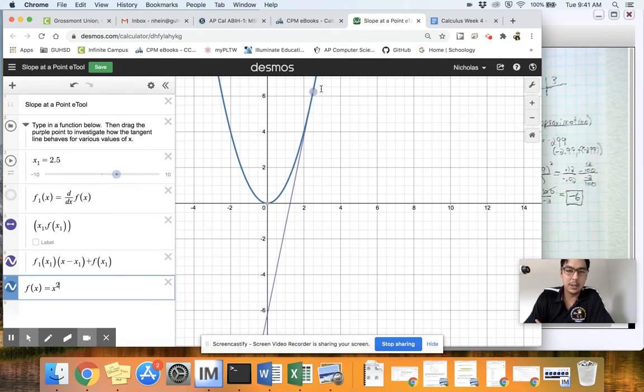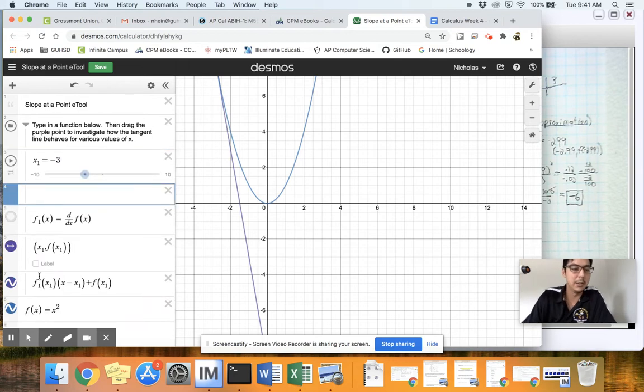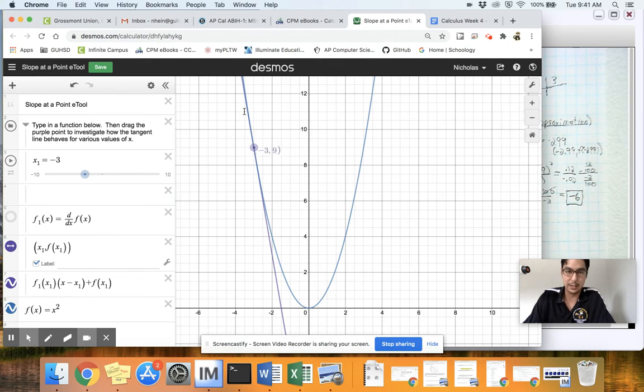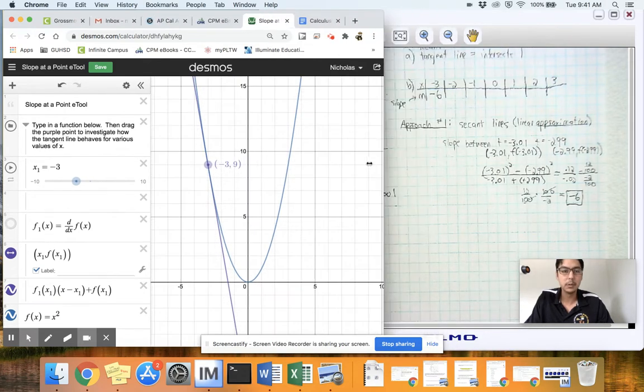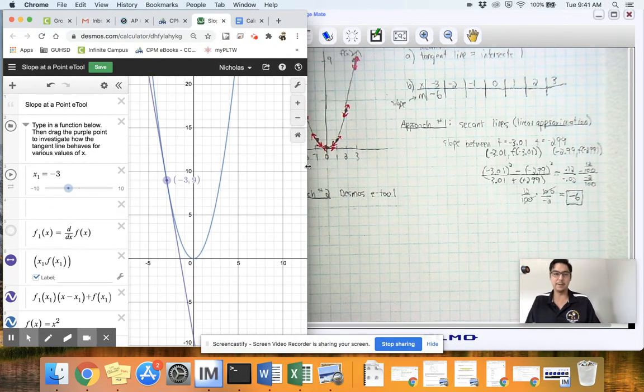And now what this Desmos tool does is it already has the tangent line at each of these points. So say you want to find the tangent line at -3, which I'm just going to do. Label the point so it pops up. So at -3, it's at 9, and their line hits it once. So what you'll want to do, excuse me, try to show my paper too, is find the slope of that purple line, the slope of the tangent line, right?